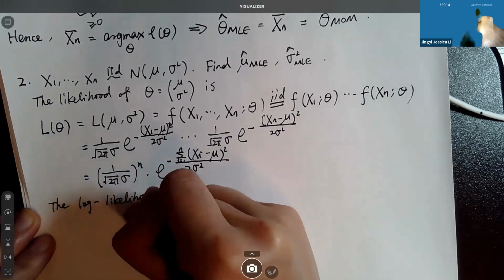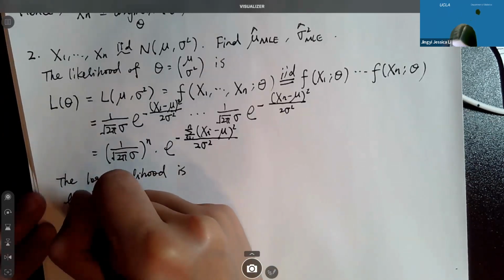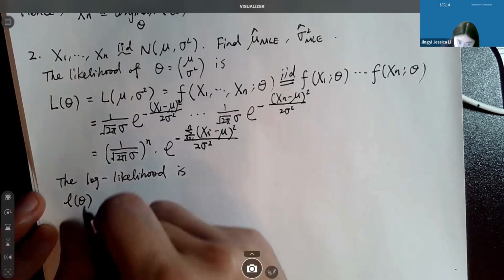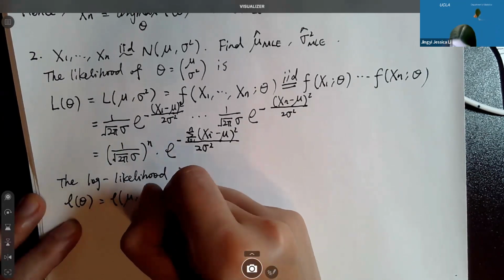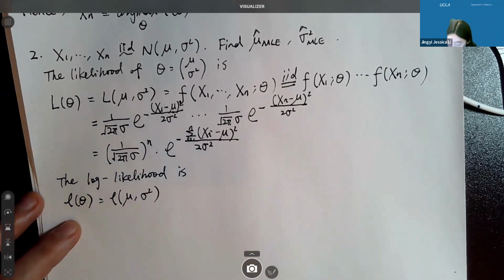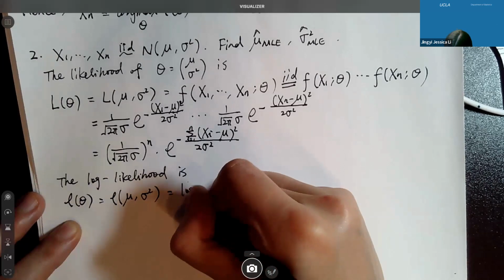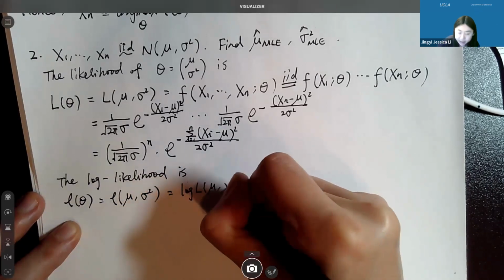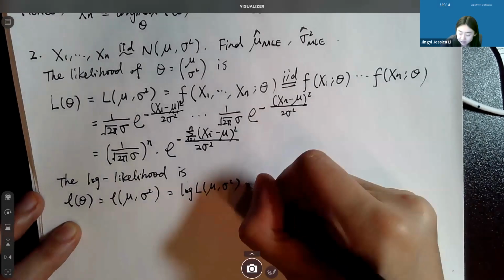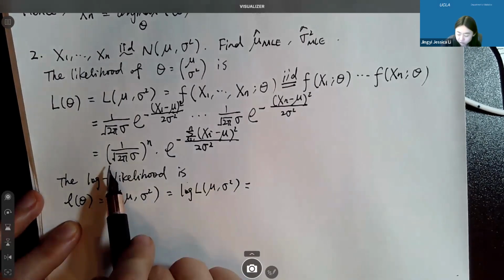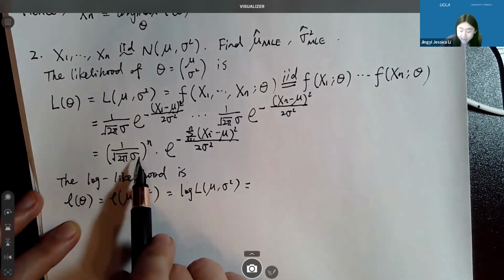is, I use the lowercase l of theta, which can also be written by spelling out the theta vector, log L at mu, sigma squared. And if I take the log of the above term, I would get, you can think about this as root 2 pi times sigma raised to the power negative n.